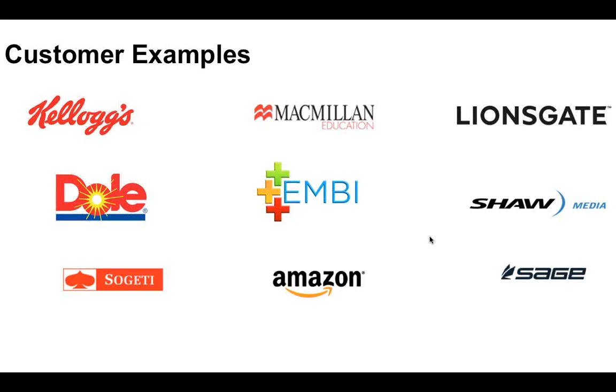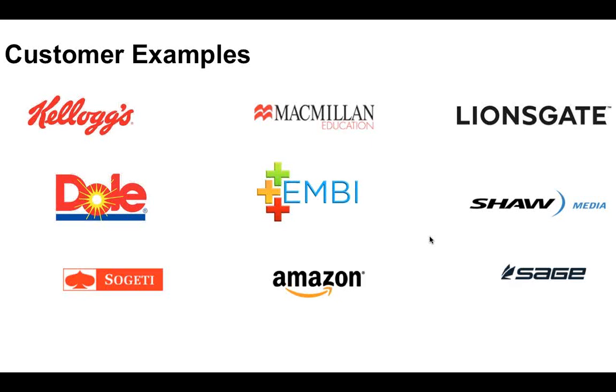Macmillan Education, a customer based out of India, deployed their SAP CRM on AWS. So they started running a business critical application on AWS before running anything else, and they benefited a lot with improved availability on AWS.